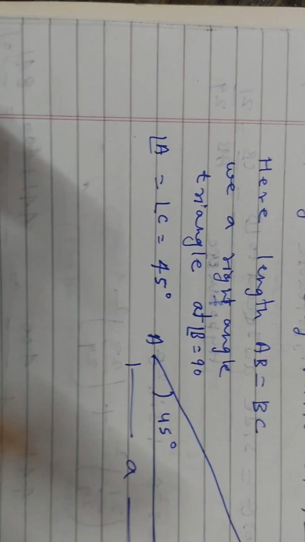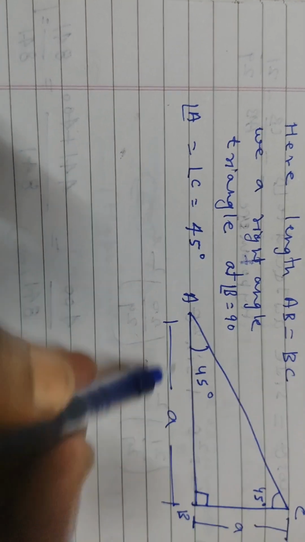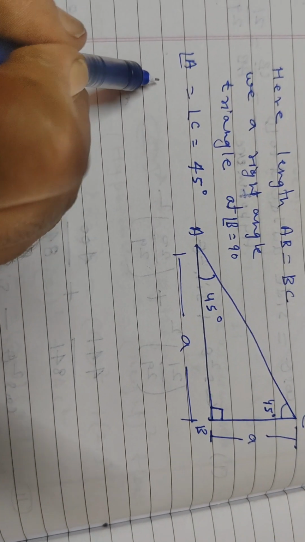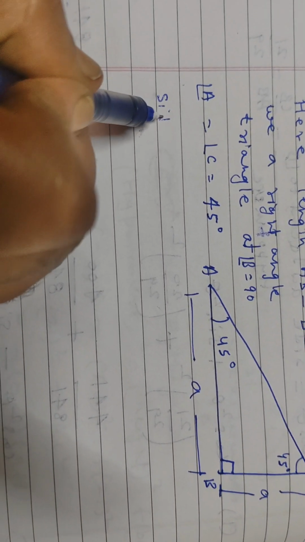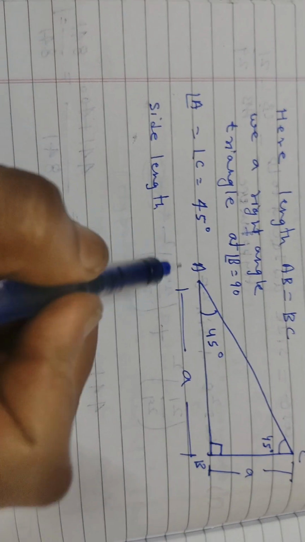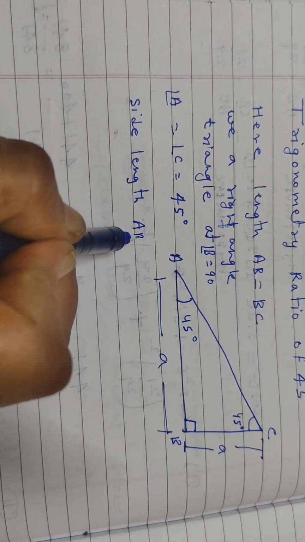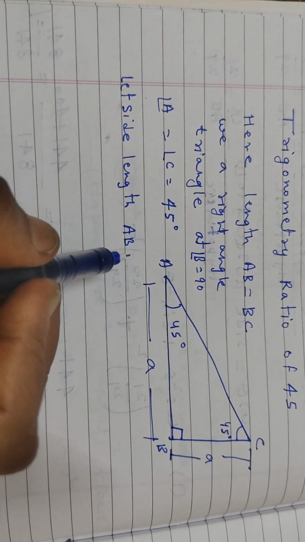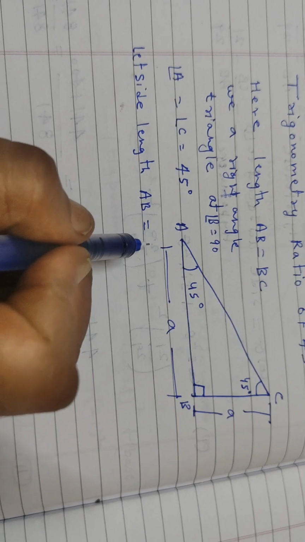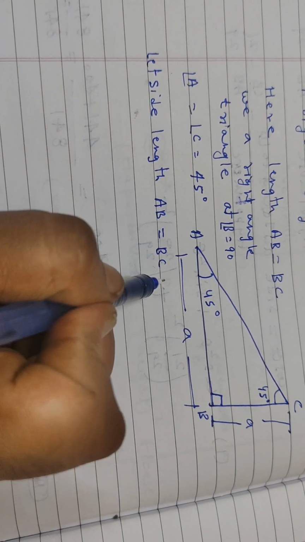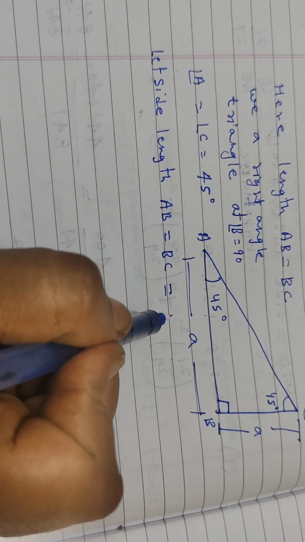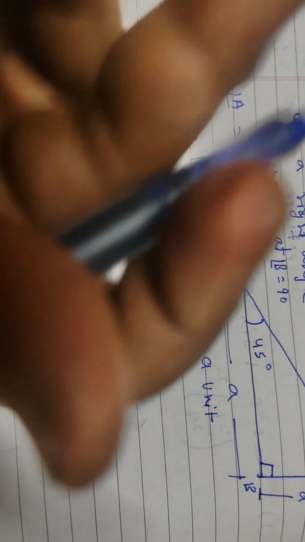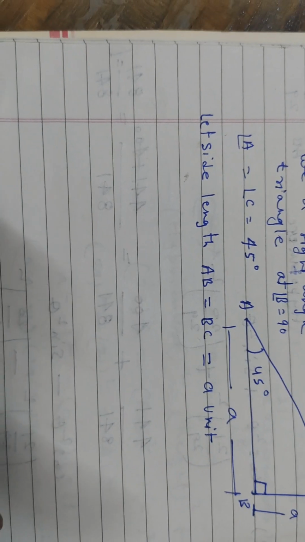So here, let side length AB equal BC, with AB and BC length being A units.